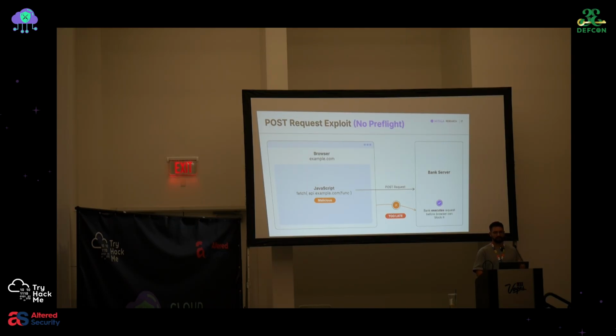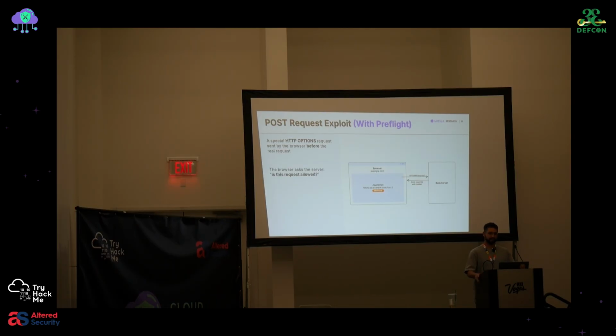This is why Same Origin Policy has another layer of security called CORS preflight. CORS preflight is a special type of HTTP OPTIONS request that is sent by the browser before the real request. We basically ask the server, is this request allowed? Like the original request that I wanted to send, the POST request, is this allowed or not?